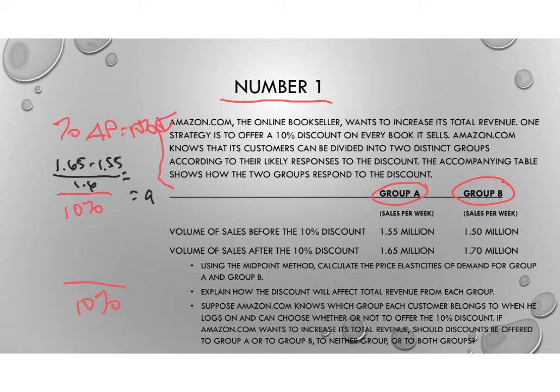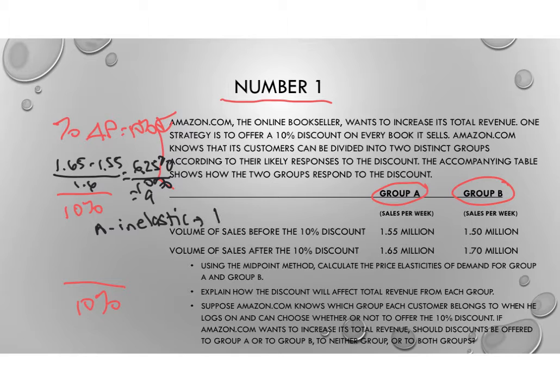So if we're deciding whether or not Group A is going to be elastic or inelastic, I can see that the percentage change in quantity is going to be 6.25% over 10%. I can tell that the percentage change in price is greater than the percentage change in quantity, so Group A will be relatively inelastic, okay?